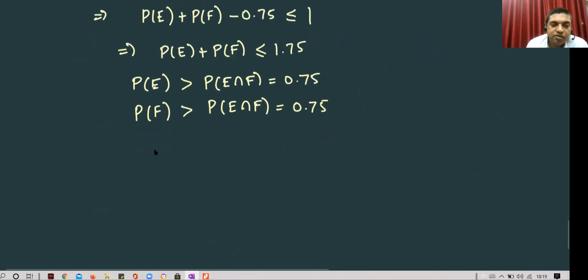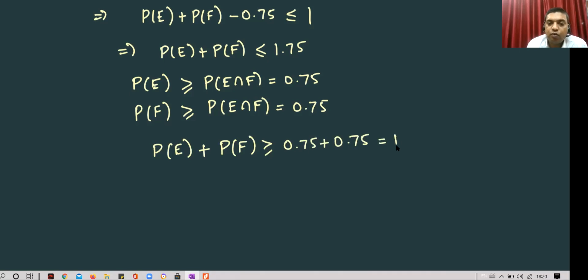So P of E plus P of F will be greater than or equal to 0.75 plus 0.75, 1.5. So what do you conclude now? Tell me the answer now.